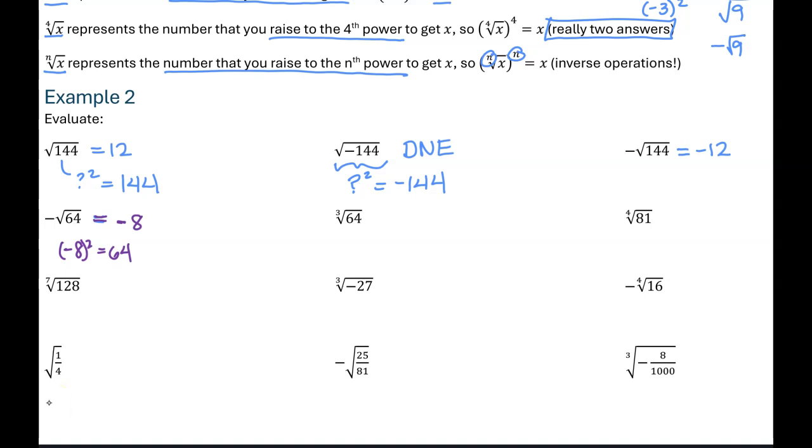64 is kind of a neat one because it is a perfect square, but it is also a perfect cube. So again, it is helpful if you've memorized some of those perfect cubes, but if you haven't, or if you did and you forget, you can trial and error these fairly quickly.